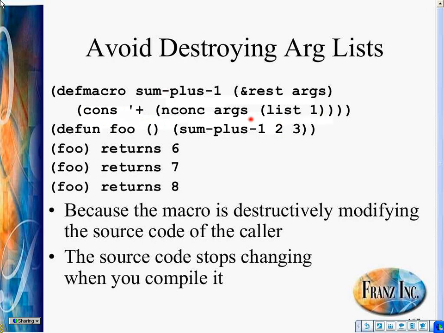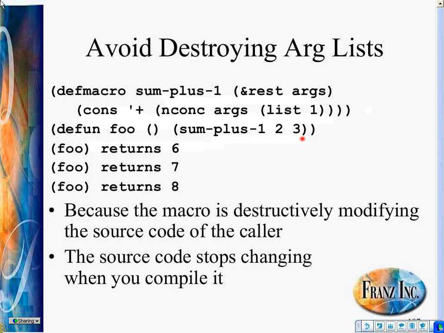What nconc does is it takes a whole bunch of list arguments and bundles them all together just like append does, but it affects its argument lists. If we used append here, that would be okay because it makes a copy. So this should work like plus with any number of arguments.